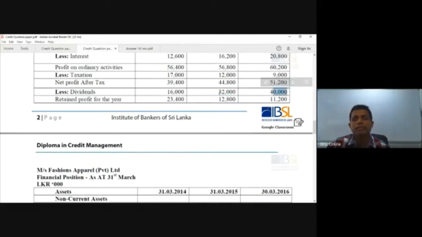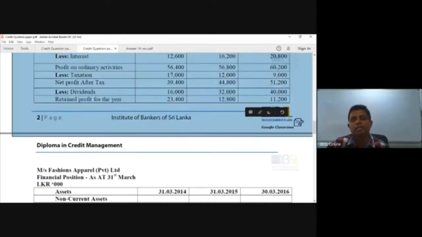Now here, if they paid 16,000 only, they could have retained 16,000. Out of 32, 16 could have been retained if they paid a similar dividend in 2014, in 2015 also. Here also, if they paid only 16,000 dividend, they could have retained 24,000.